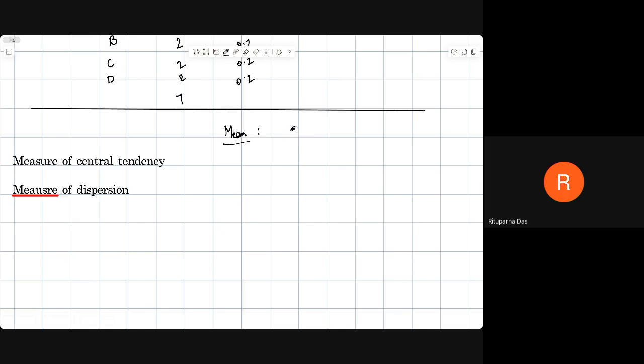For mean you take the sum of all the observations and divide it by n, and when you divide it by n it is the sample mean, and when you divide it by capital N, which is the number of values in the population, that is your population mean. For sample mean you are dividing it by the total number in the sample.